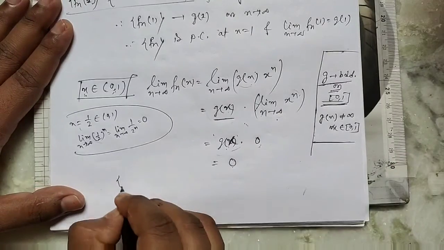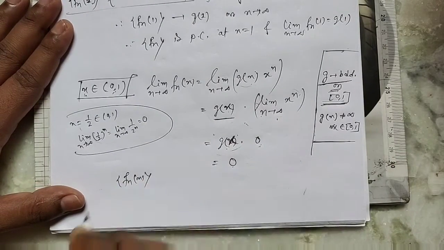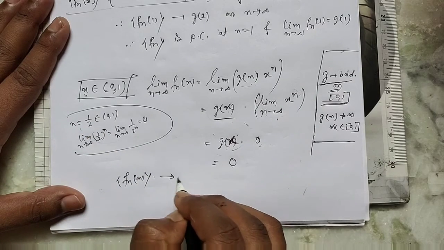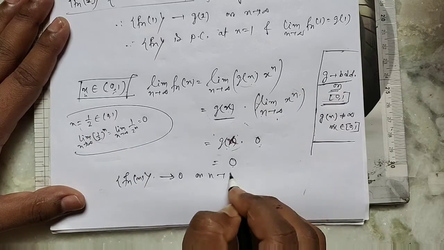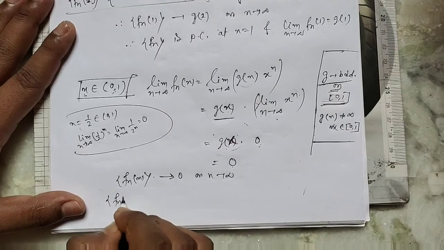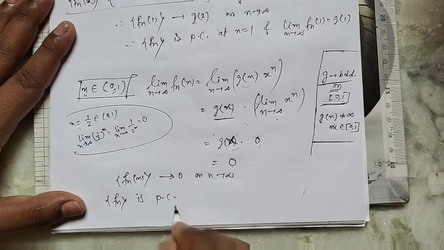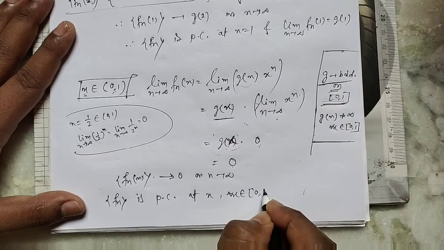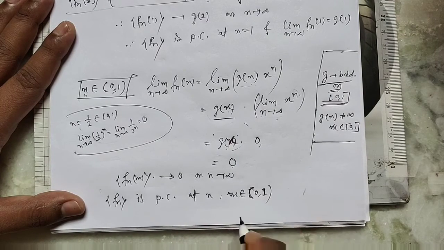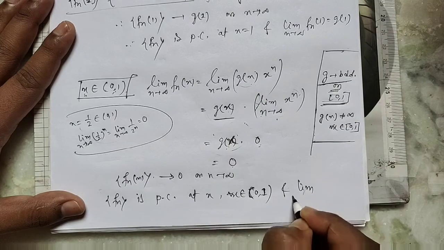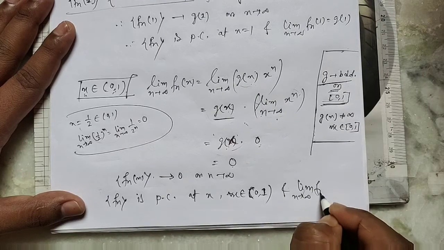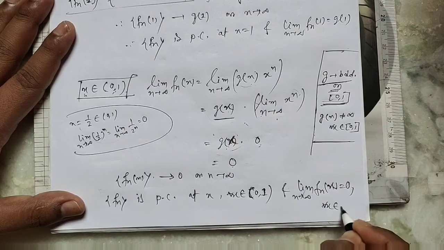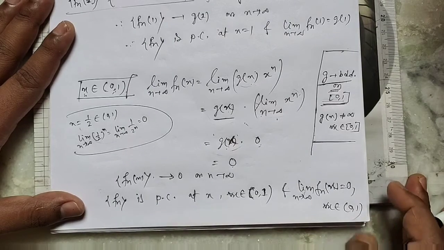So the real sequence fn(x), where x belongs to (0, 1), converges to 0 as n tends to infinity. So the sequence of functions is pointwise convergent at x for all x belongs to open (0, 1). Okay, and the limit n tends to infinity fn(x) equals 0 for all x belongs to (0, 1).